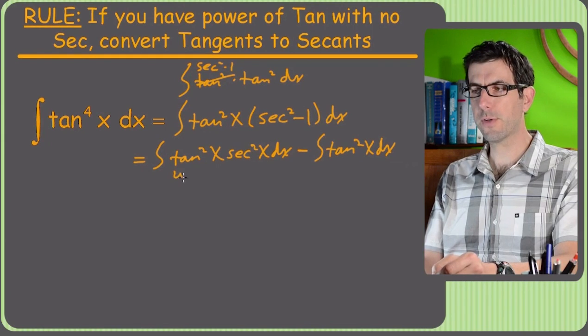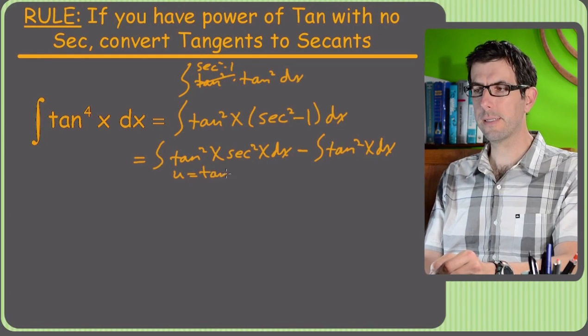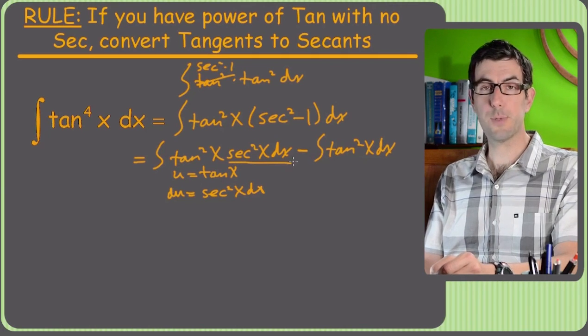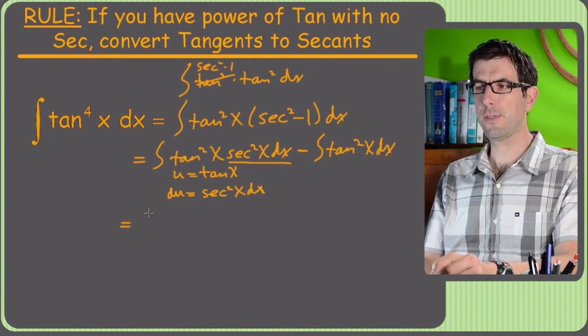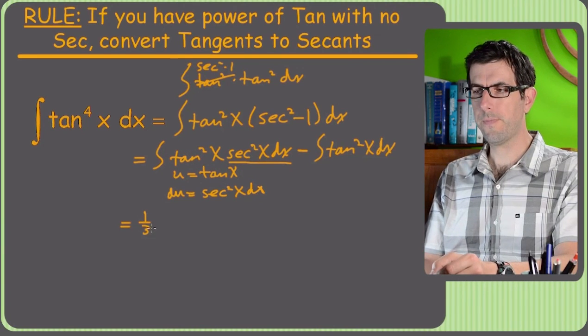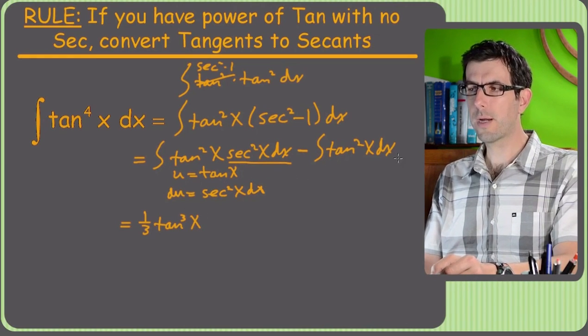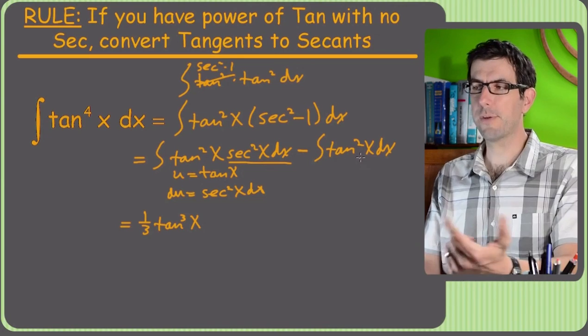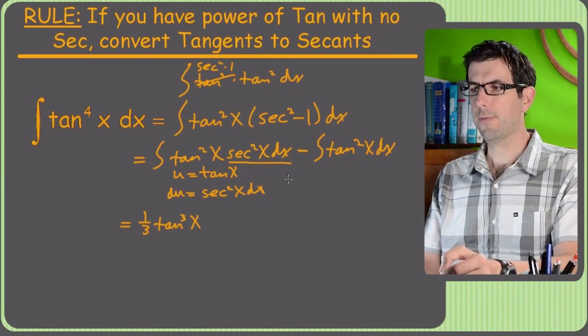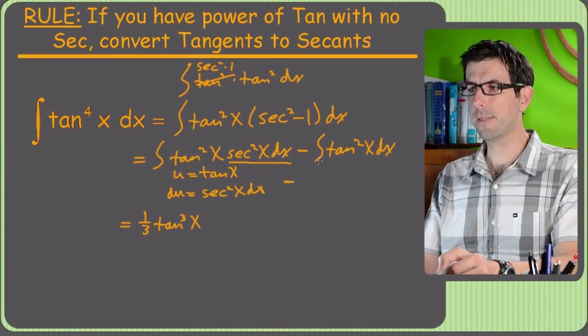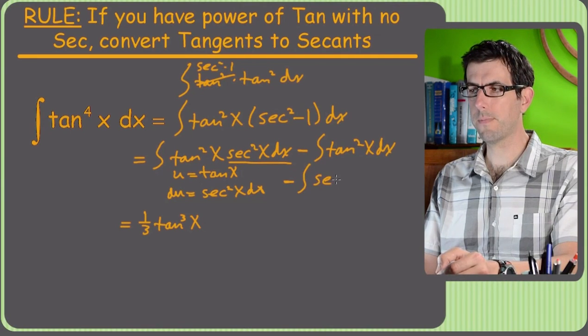For this first integral, if I just have u equals tan x, then my du would be secant squared x dx. Oh, surprise, that's what I've got, right? So this just integrates to u squared becoming u cubed over 3, so 1/3 tan cubed x. And then for this tan squared, I've got to do the same thing. That's just the problem we did on the previous page, right? So I've just got to convert this to minus the integral and convert that tan squared into secant squared minus 1.